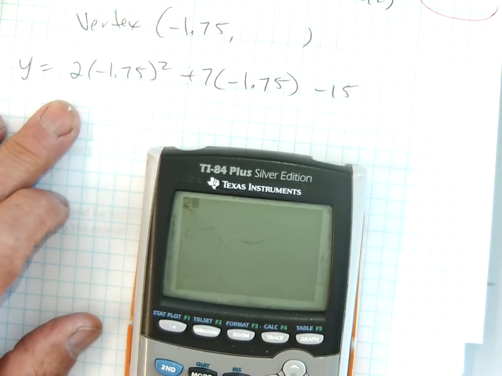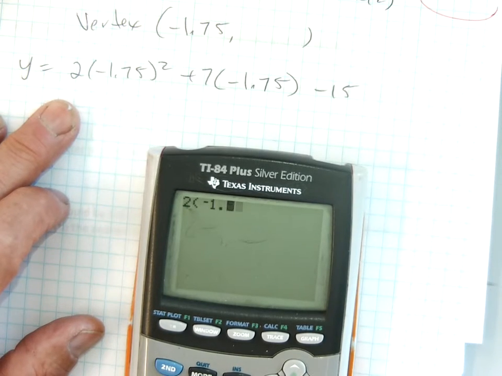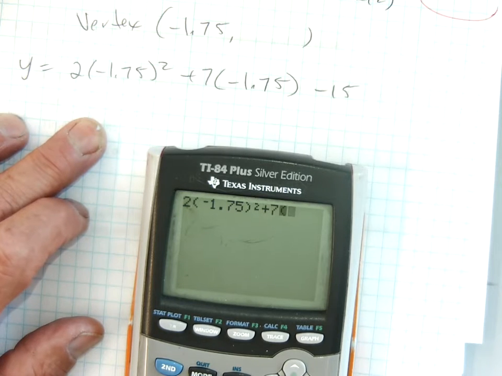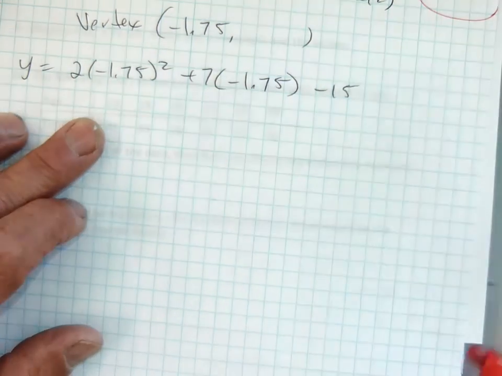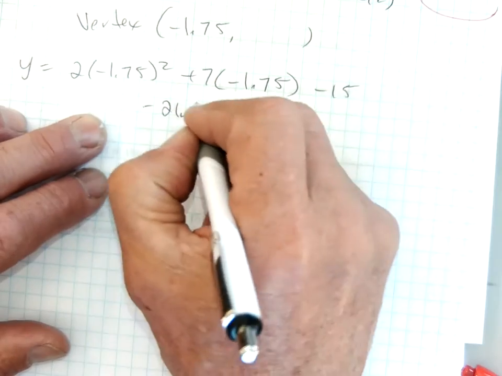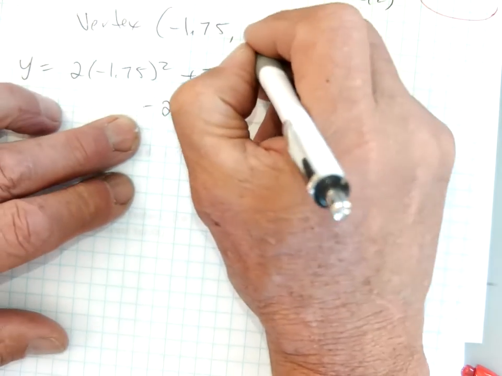I get an answer of negative 21.125, and that's my vertex.